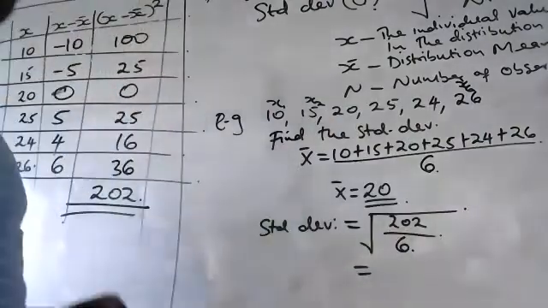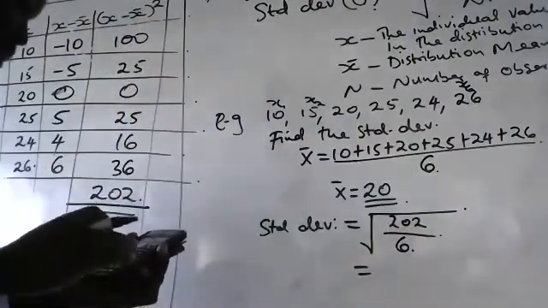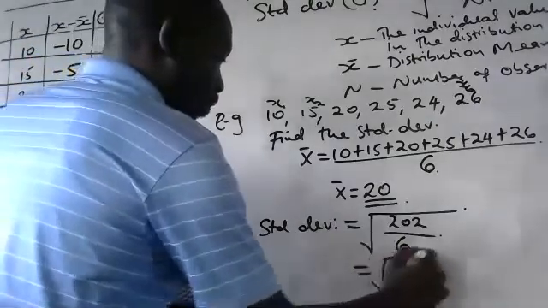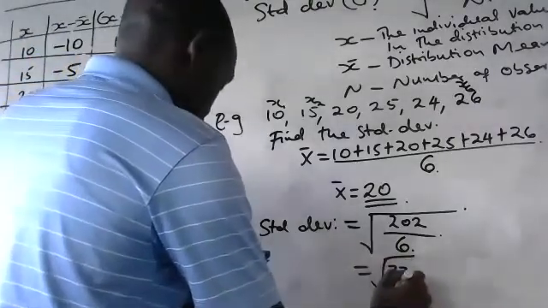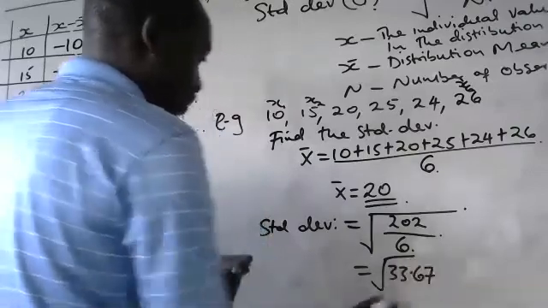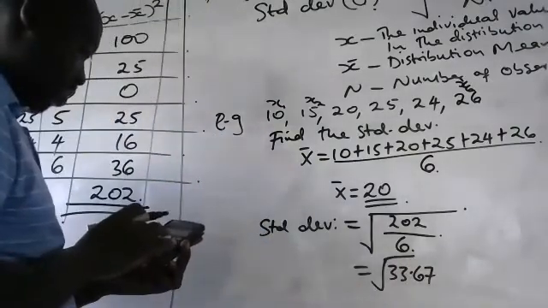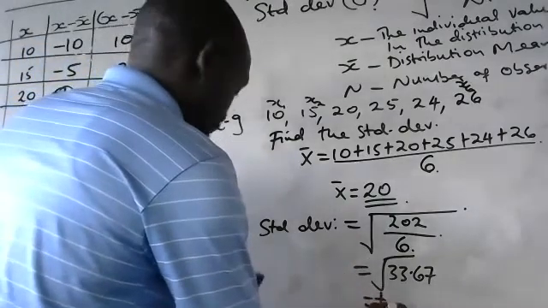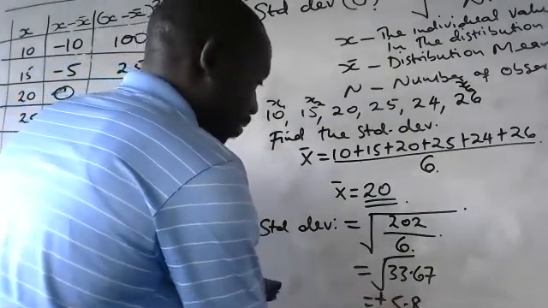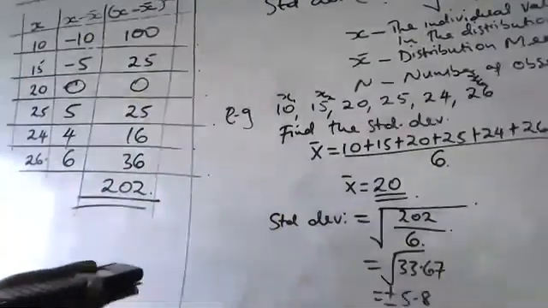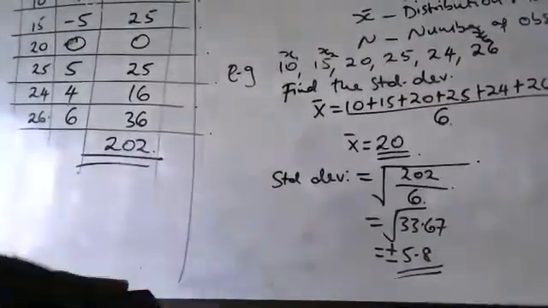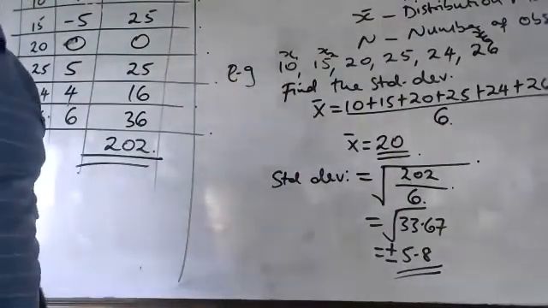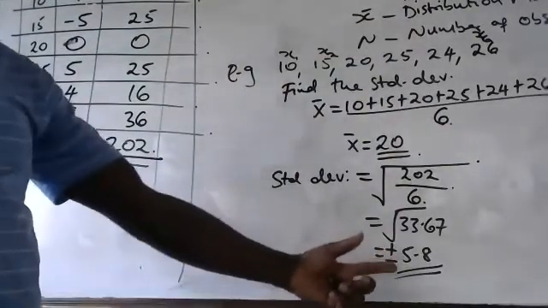So this is the square root of 33.67, which is plus or minus 5.8. The standard deviation is normally plus or minus. It can be above or below the mean. That is how you get it.